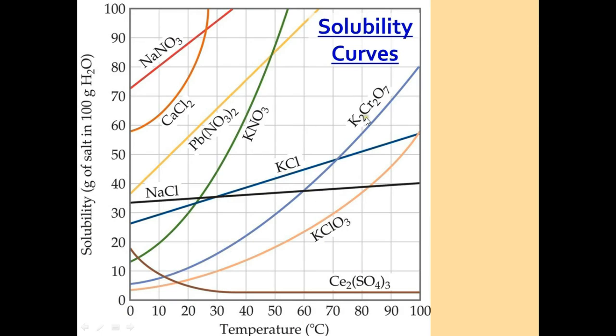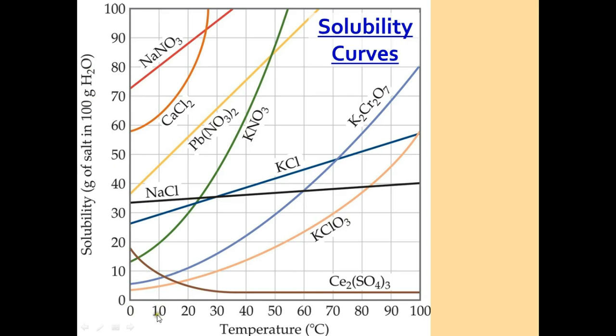We have these lines going across, and these are different substances. Notice their chemical formulas are written on the line or on top or beneath it. And so as we change temperatures, it tells us the amount of this substance that can be dissolved in 100 grams of water.